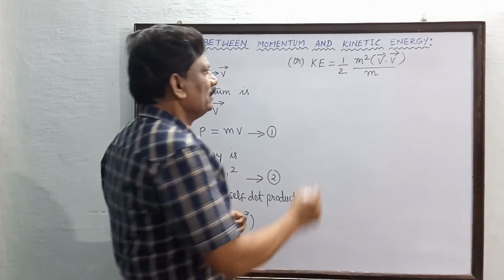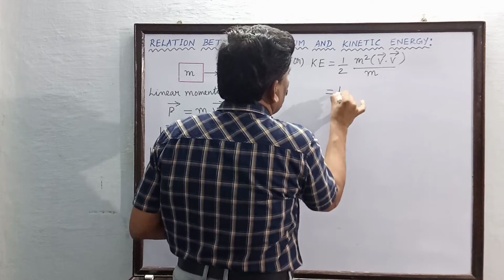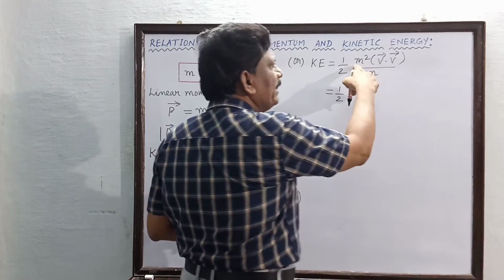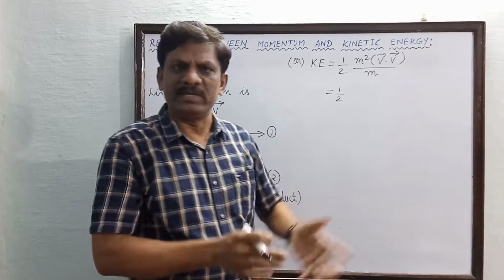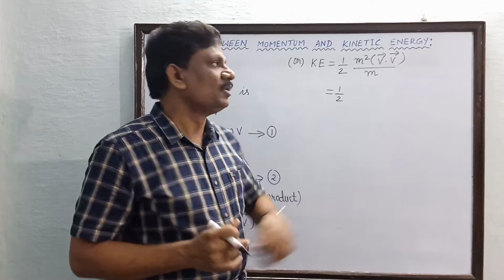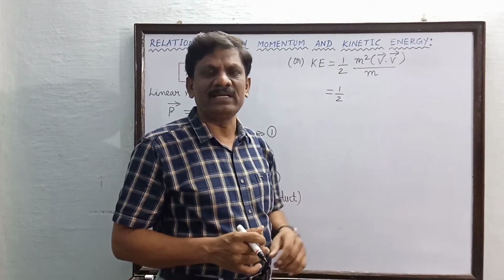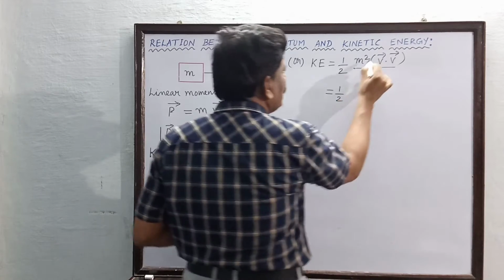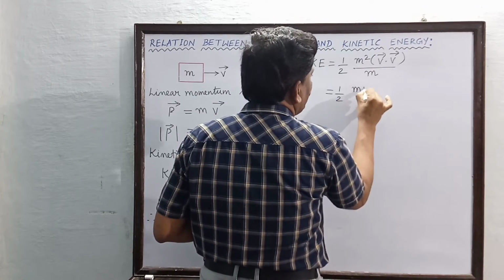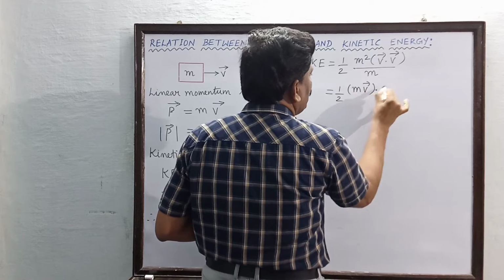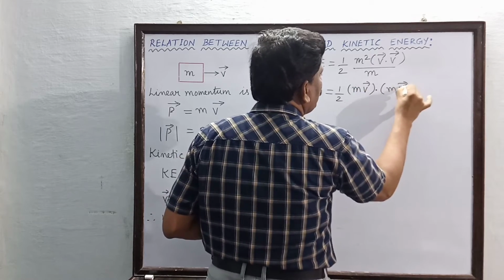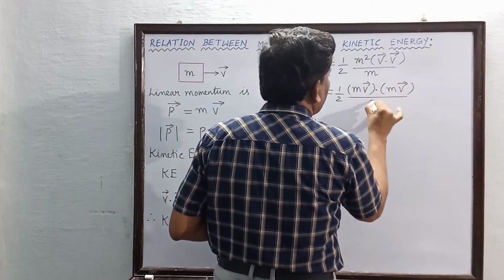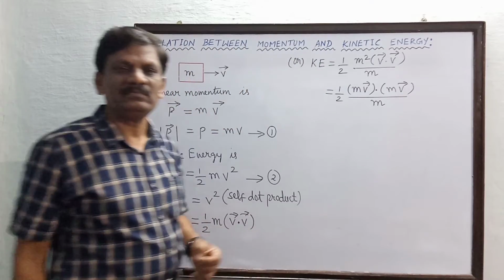Now this is equal to half into this m square. m square is m into m, which is a scalar. So this m square is taken inside the bracket so that it becomes mv dot mv. So this is now m into v dot m into v, whole divided by m.